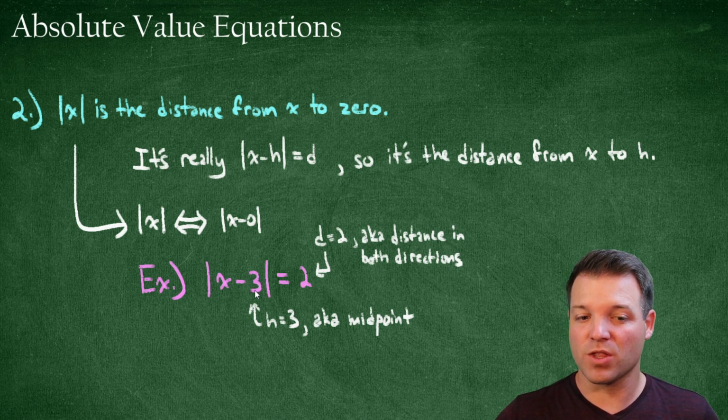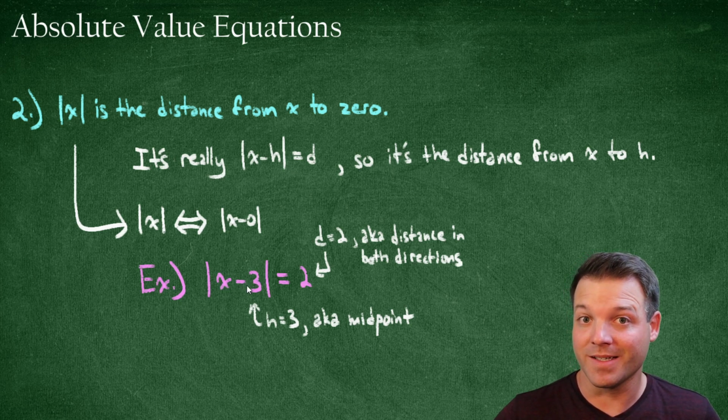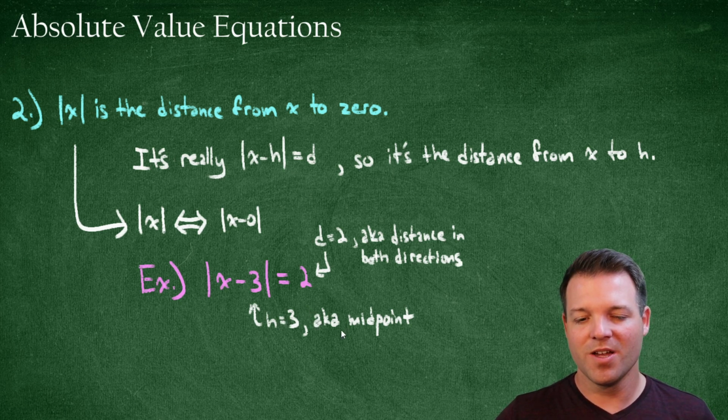Because h is 3 in this case, you guys. It is not negative 3, right? The definition is x minus h. So in this case, h is 3. If h was negative 3, then it would actually be x plus 3, because it would be x minus negative 3. Okay, but either way, here it's 3. So in this case, we're going to call this the midpoint, and you're going to see what that means in a second. And what is that equal to?